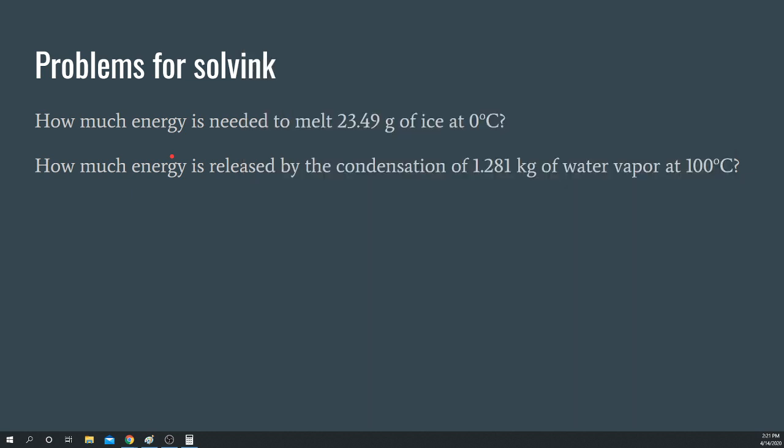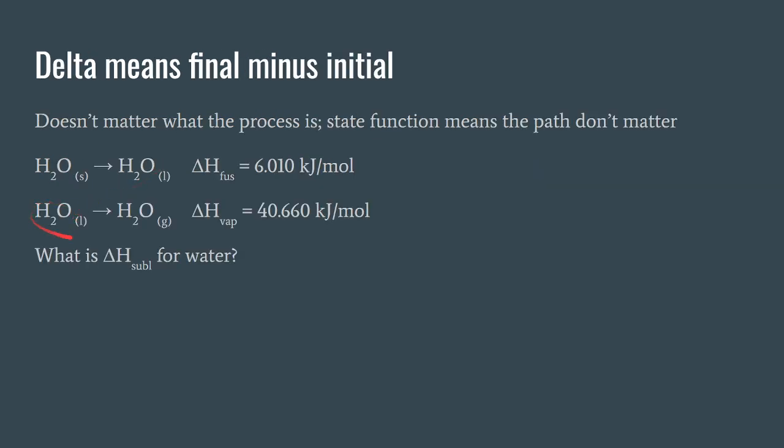All right. How much energy is released by the condensation of 1.281 kilograms of water vapor at 100 degrees Celsius? This is just the reverse of this reaction. If boiling water, you put energy in to boil water. If you condense the water, you're going to get that energy back out.